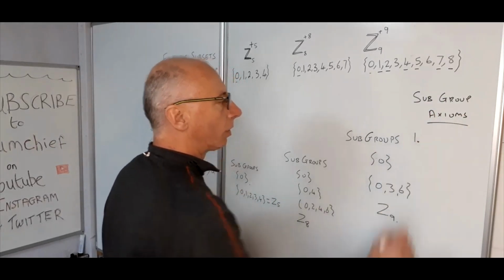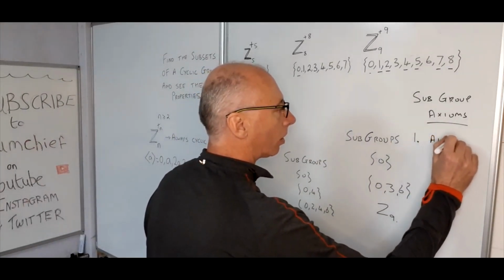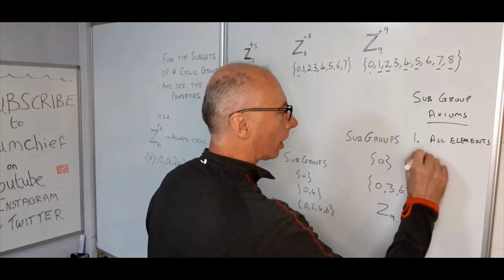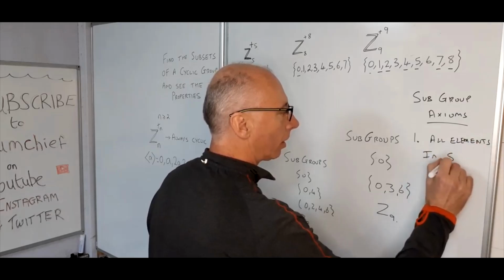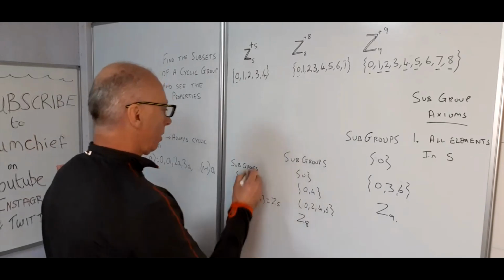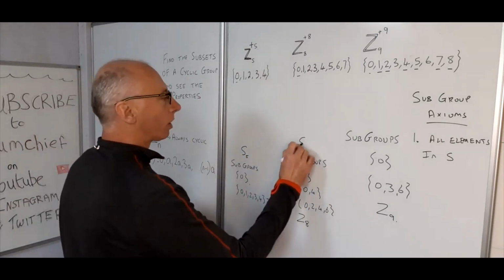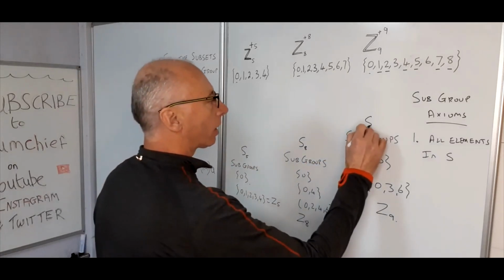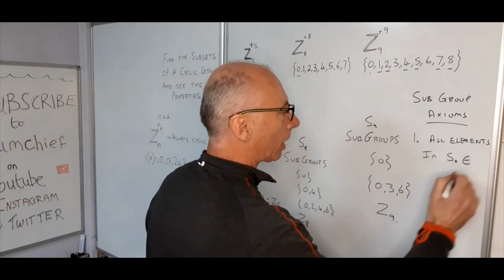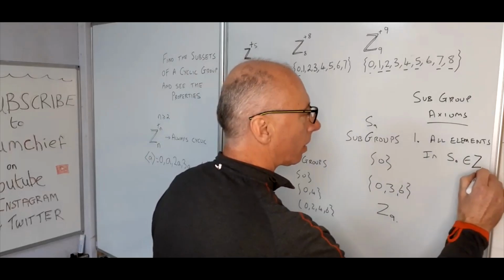Number 1, all elements in S, and we'll call that Sn, so subgroup 5, subgroup 8, and this one here subgroup 9. So we just call it an Sn, is also in the main group, so basically it's in Zn.